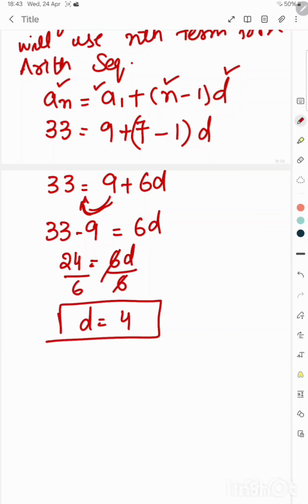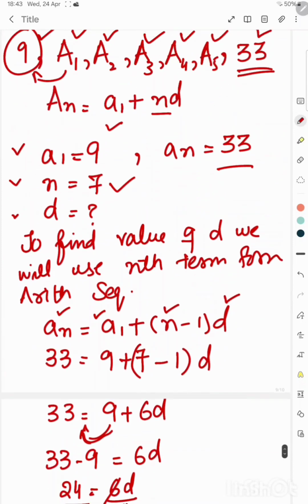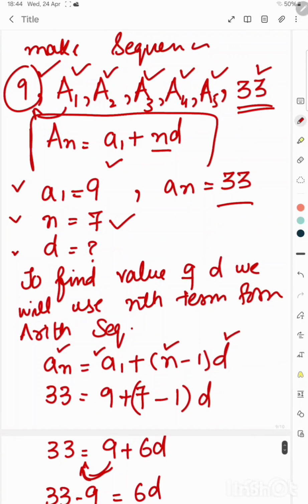Okay, so now we have found all the values.